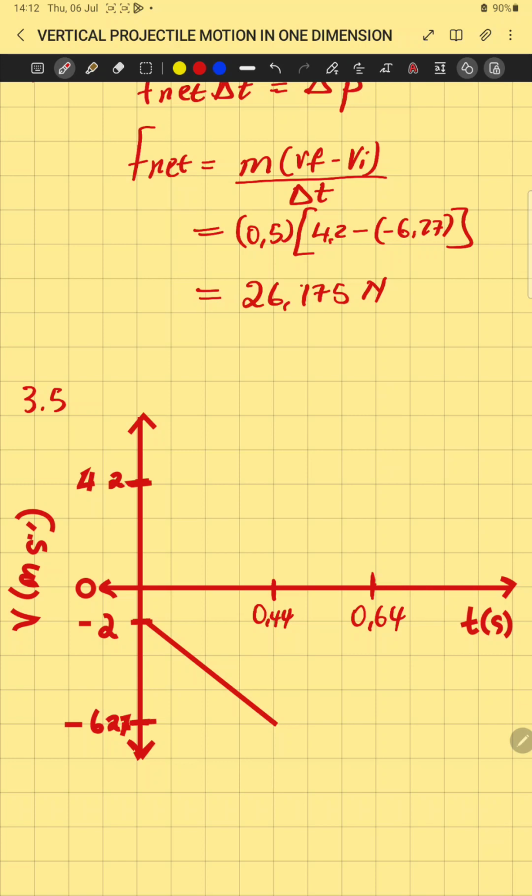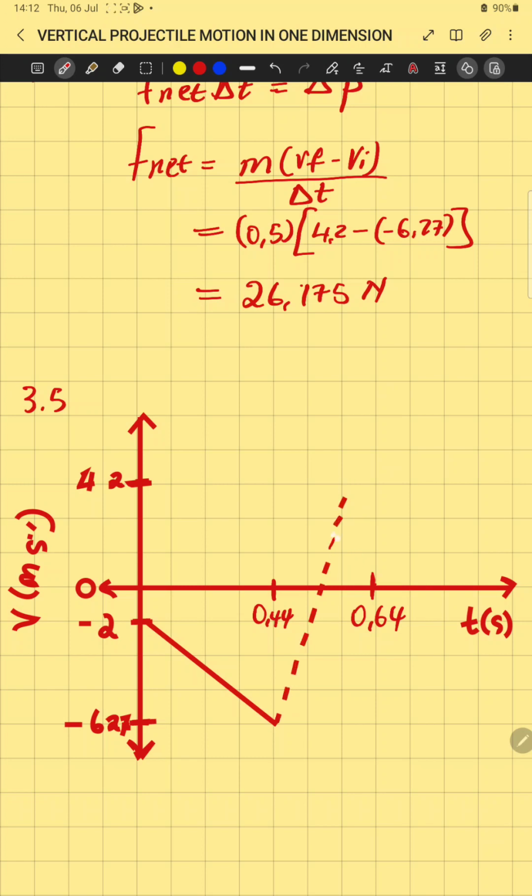Perfect. So then after that the ball rebounds. This time over here is that 0.2 when the ball was in contact with the ground. So we just take it up. Since the ball has bounced, we need to show it with dotted lines. Perfect.